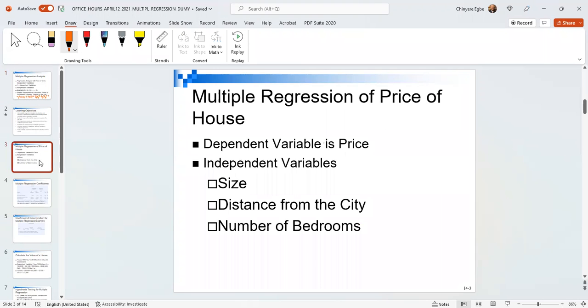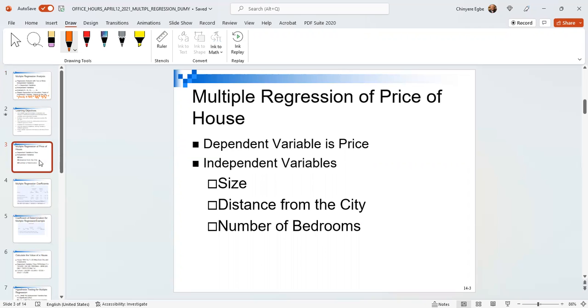I'm going to use a simple example to illustrate that. Once we have this example illustrated, we can use the values that we get to predict and to calculate the value of a dependent variable given different values of the independent variables.